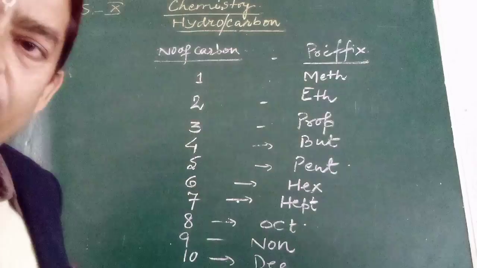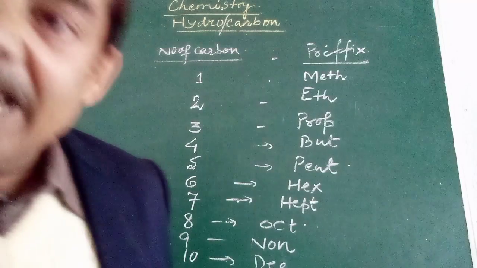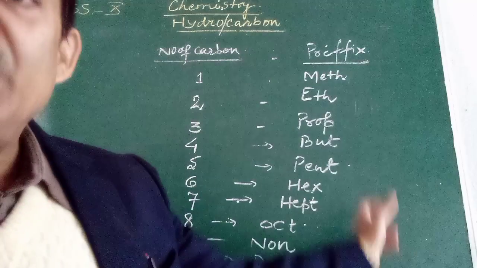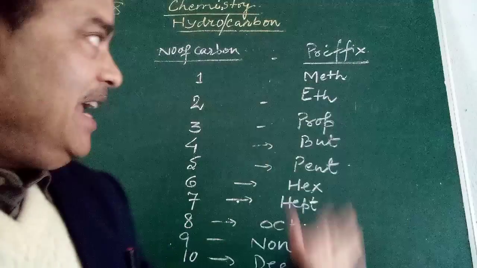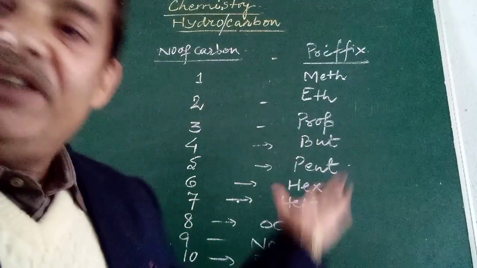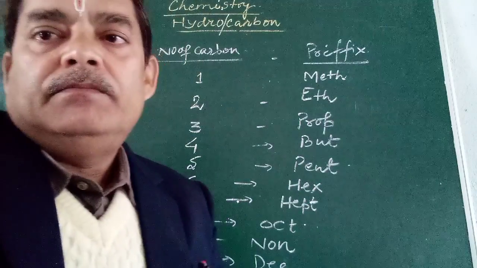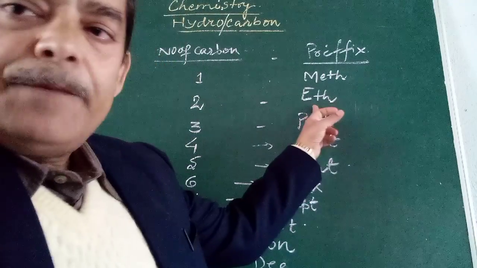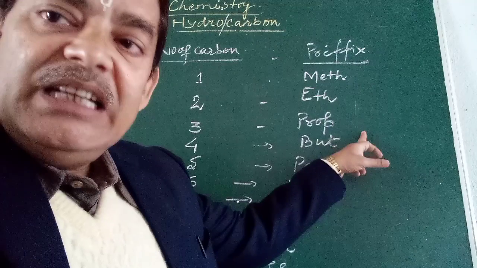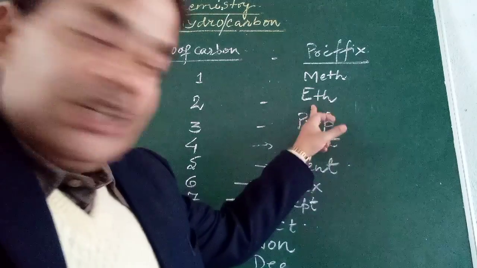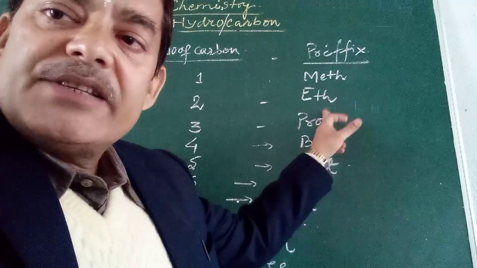Okay, it is clear? So, in case of alkane, the suffix ane will be added: methane, ethane, propane, butane, etc. But in case of alkene, you will add the suffix ene, and yne in case of alkyne.